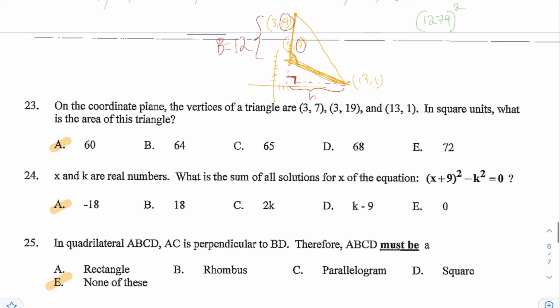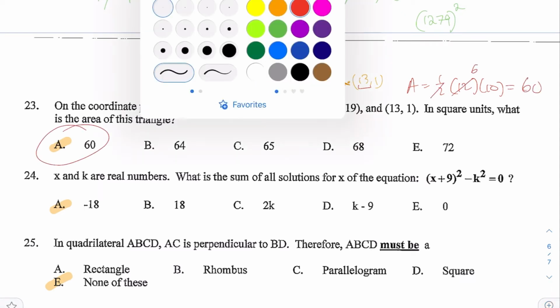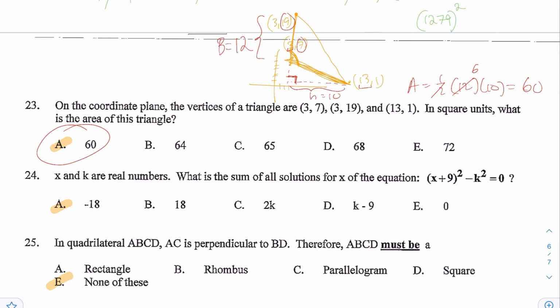The height will go from 13 to 3, which will be 10. So the area will be 1/2 the base, which is 12, times 10, which is 6 times 10, or 60, choice A. So remember, the area is 1/2 base times height for a triangle, but base must be perpendicular to height.